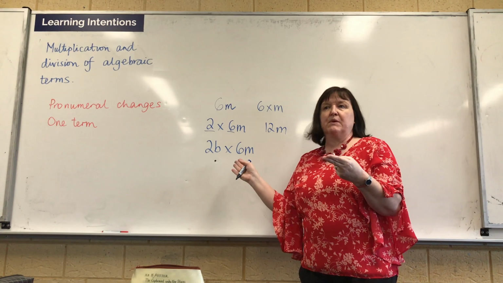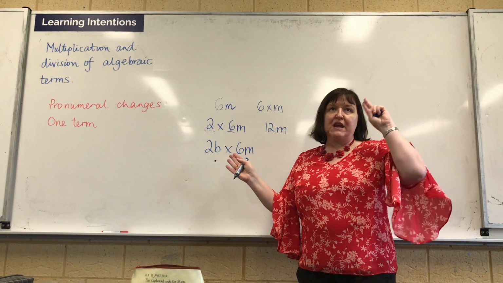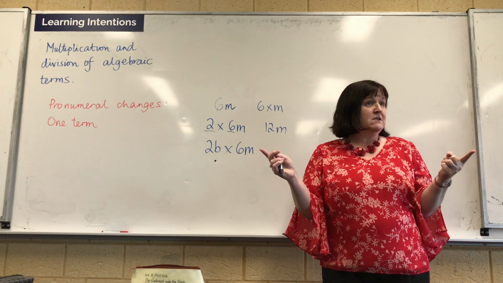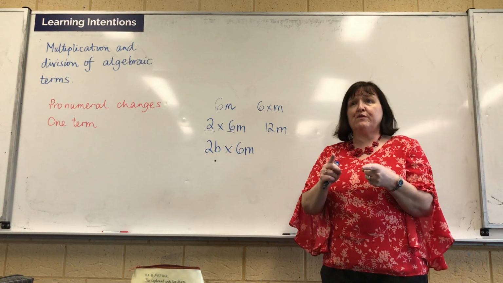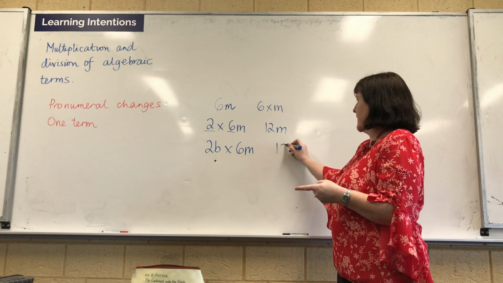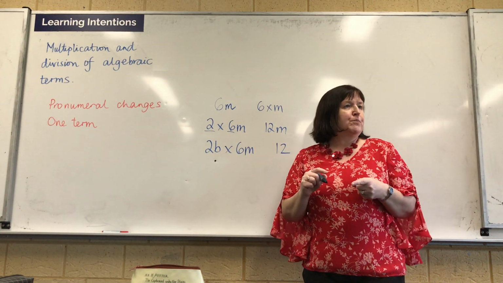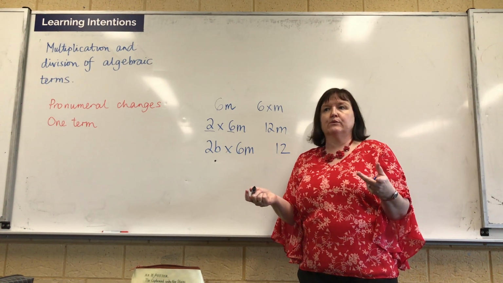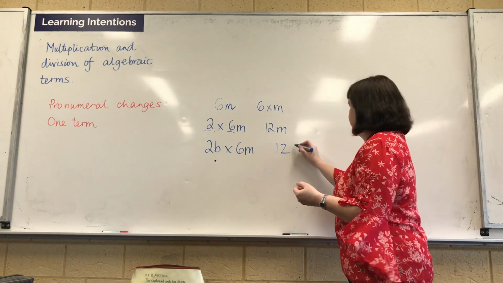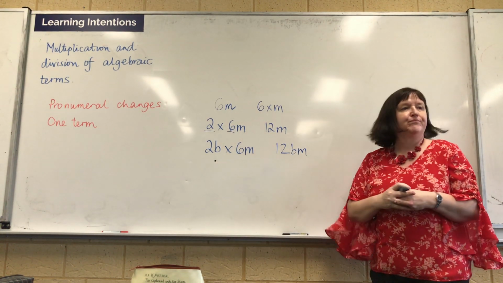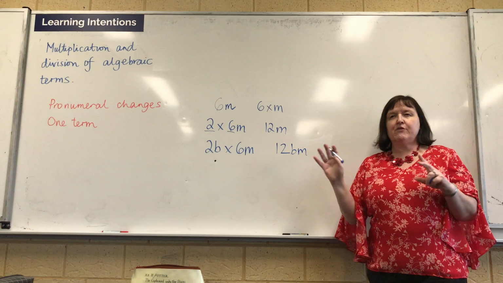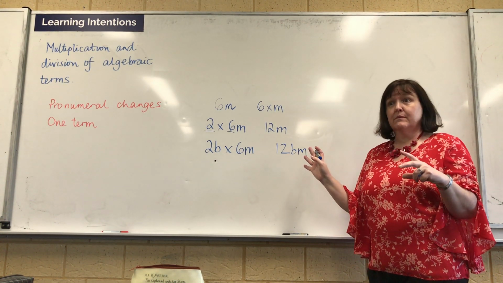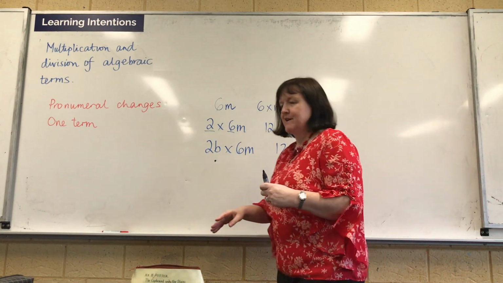Well, in this case, it's going to be positive because we've got no negatives. Then I look at the coefficients, and I multiply the coefficients. So 2 times 6 is 12 again. And then I look at the pronumerals. So b times m would be written how? Bm, that's right. So your answer is 12bm. Okay? Everyone remembering this from last year? Yes, okay, right.